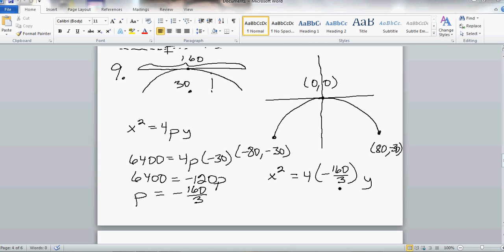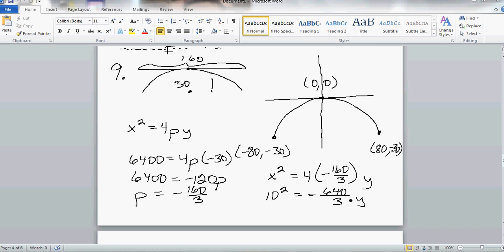Now I need to figure out what my y value is when x is 10, because I'm asking when I'm 10 feet from the center. So all I have to do is plug in 10 for x and solve for y. So 10 squared equals negative 640 over 3 y, and 10 squared of course is 100.